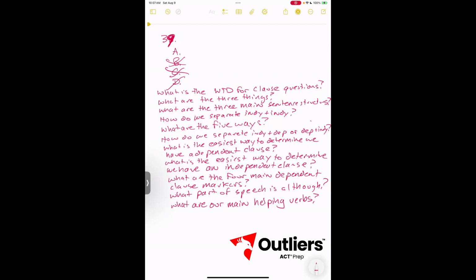The same thing goes for D. They just didn't separate it at all. There's no comma there, but we need a comma always for dependent followed by independent. There are exceptions to that, but that is the rule. If you don't have the exceptions mastered, then don't worry about it. Just always assume you need a comma there, because you'll be pretty safe. So we've eliminated the 3 wrong answers, and we're left with answer A, and it is the right answer.